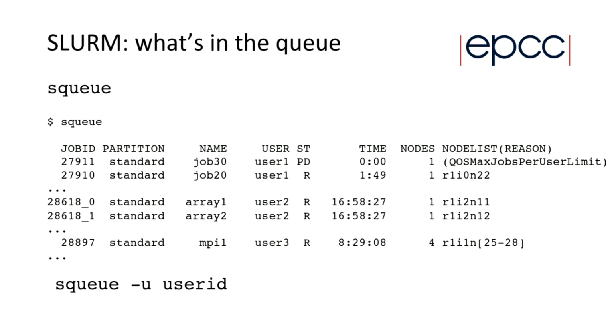Those are 2 elements of an array job, each of which appears to be using a separate node. So I'm expecting that to be an array job, each element of which is some parallel job using 1 node. And at the bottom there's also what looks like a parallel job which is running on 4 nodes. If you want to restrict the output to yourself, you can use squeue -u and then your user ID to restrict the output.